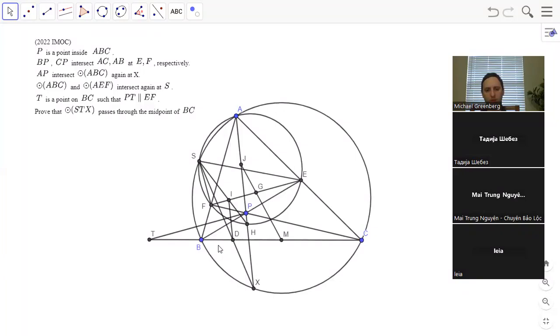Sine of BPD over sine of CPD is like BP over PC times BD over DC. Something like that. Maybe I flip the fractions, but yeah. Then the only tricky part would be BD over DC. Figuring that out.